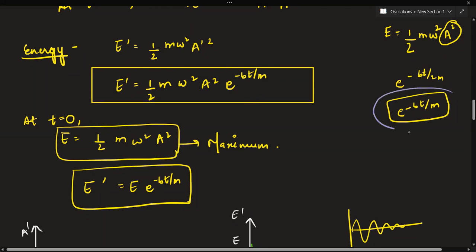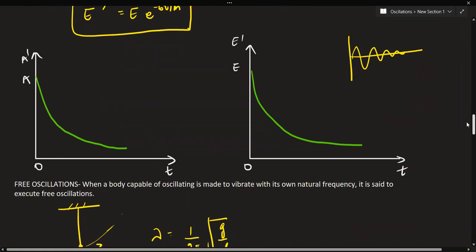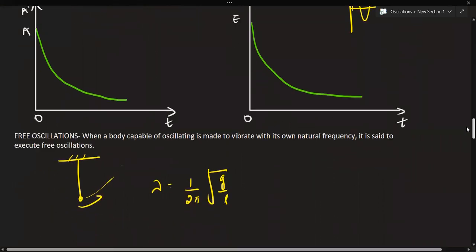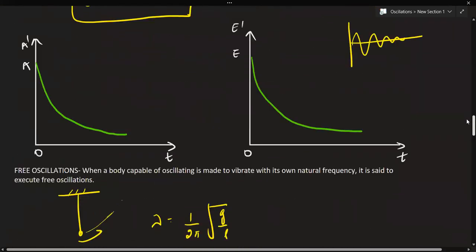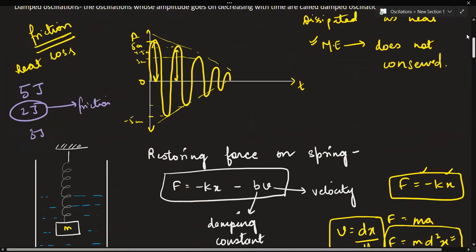So this is m, not 2m, because of squaring, the 2 gets cancelled. Clear? If you draw the graph, it will be in this form. Amplitude is varying exponentially, and energy is also varying exponentially. Is this clear? Just note it down.